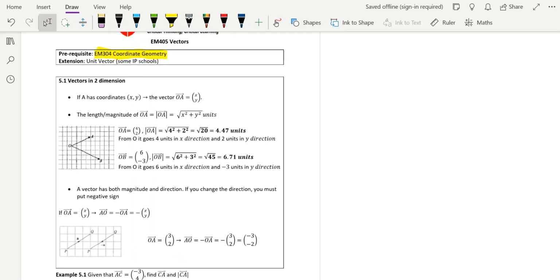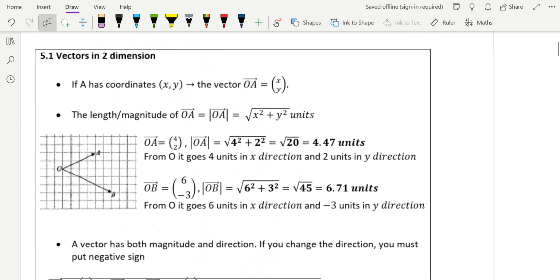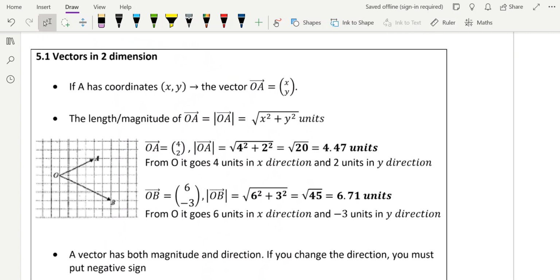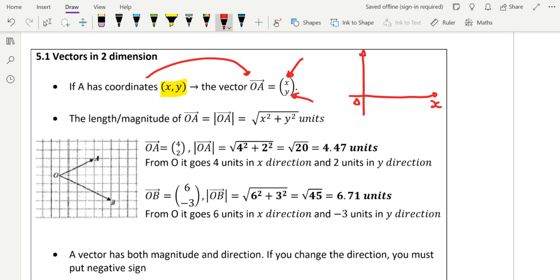First and foremost, vectors can be converted from coordinates. If you have a coordinate of x comma y, then in vector form the x is the top number, the y is the bottom number. To convert a coordinate into a vector, we always start from O. That's because a coordinate is relative to O. So this is the x, this is the y.